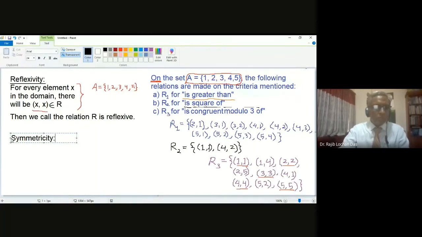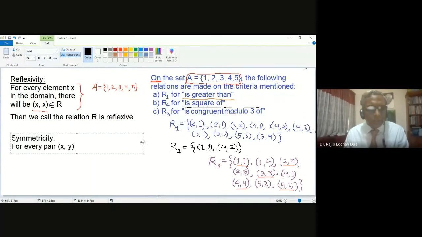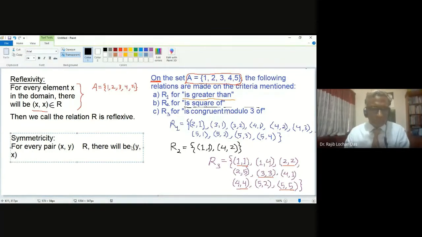The symmetricity property. What happens with that? For every pair like x comma y in the relation, there will also be y comma x in the relation.